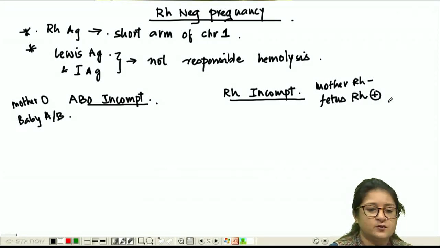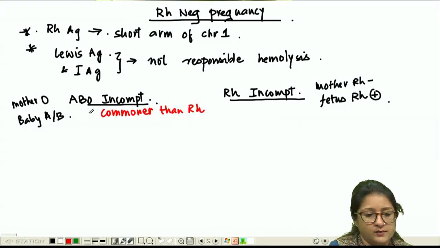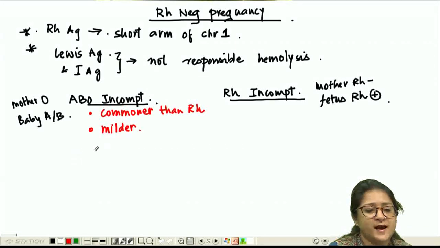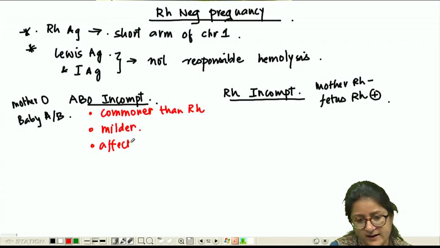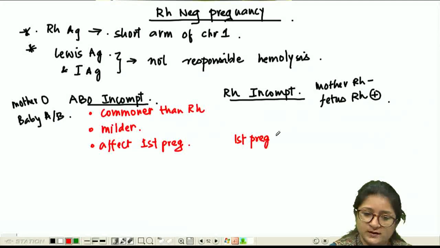Now you also have to remember the differentiating features. ABO incompatibility is commoner than Rh incompatibility, much more common. However, ABO incompatibility is usually milder and it will affect the first pregnancy. In Rh incompatibility, the first pregnancy is usually spared.